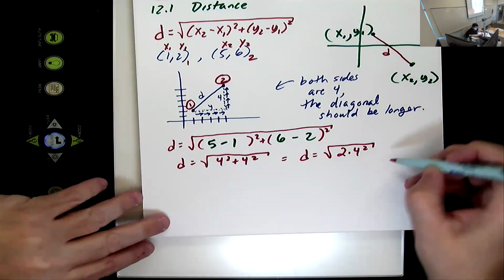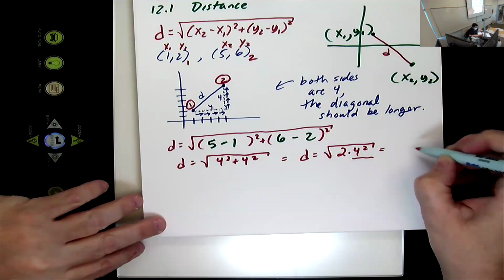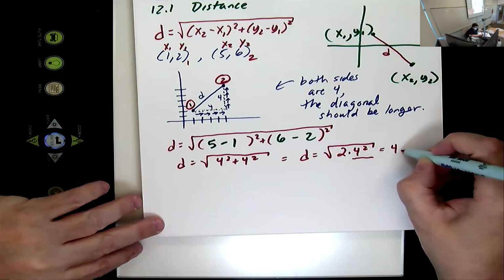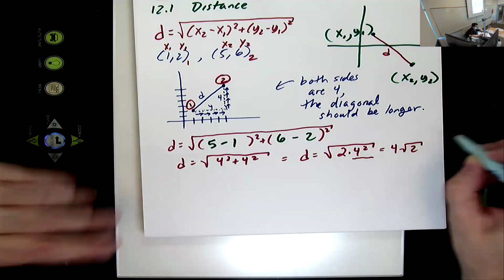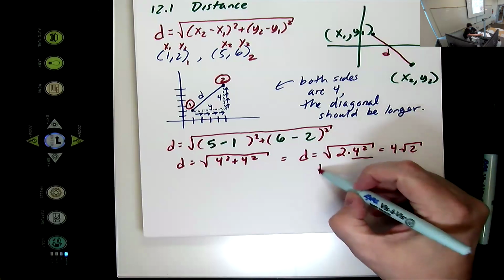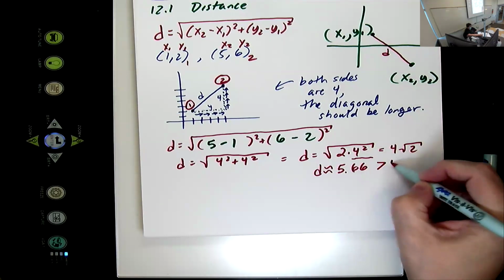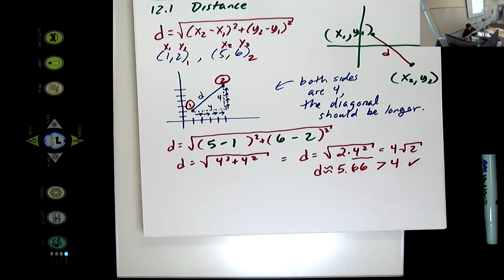And we worked with radicals before. We can factor out this, the square and this square root cancel there. 4 comes out, and we've got 4 square root of 2. How big is that? I don't know. 5.66, approximately, which is bigger than 4. So good.